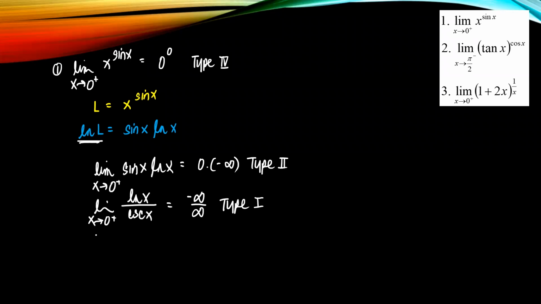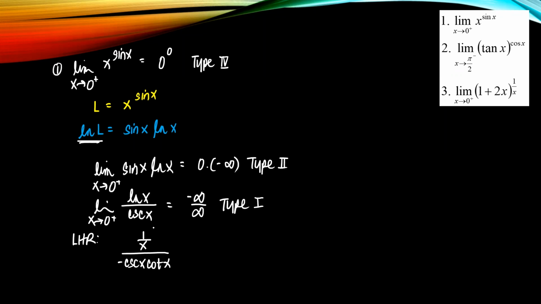What can we do if it's type 1, guys? LHR. I keep on repeating that, so please don't forget that. So this one is negative cosecant x cotangent of x over 1 over x. Again, it's quite ugly.